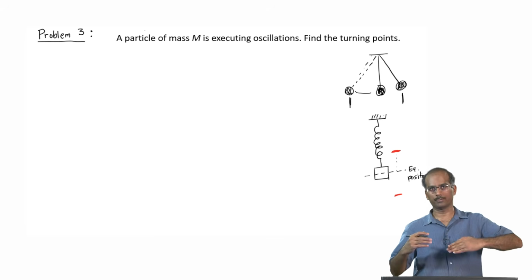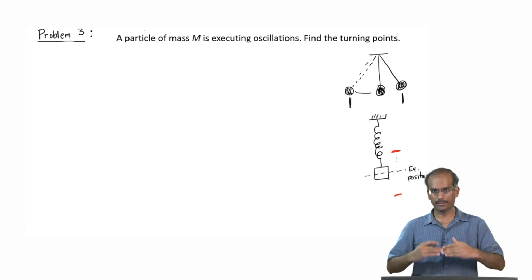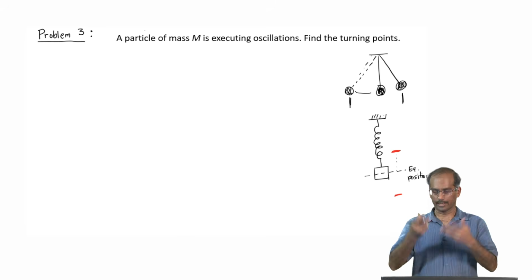So, these are the two turning points. It goes up, turns back and comes down, and similarly it goes below the equilibrium position and again rebounds back.